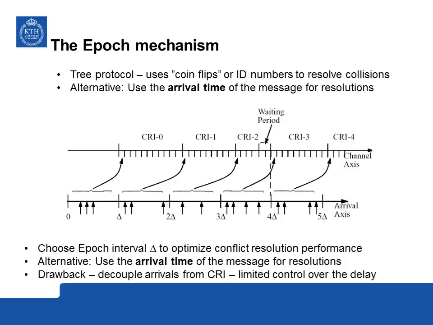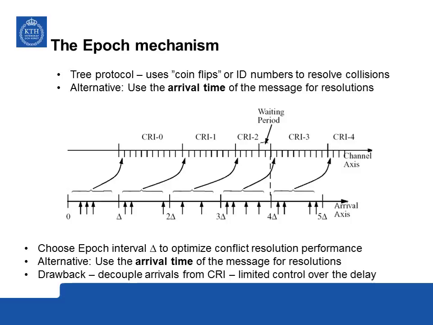It's called the epoch interval. And then we treat all those packets arriving in, for instance, 0 to delta. We treat them in the conflict resolution interval, and then we can use the arrival time to split the interval into smaller and smaller pieces until we have resolved the conflict.